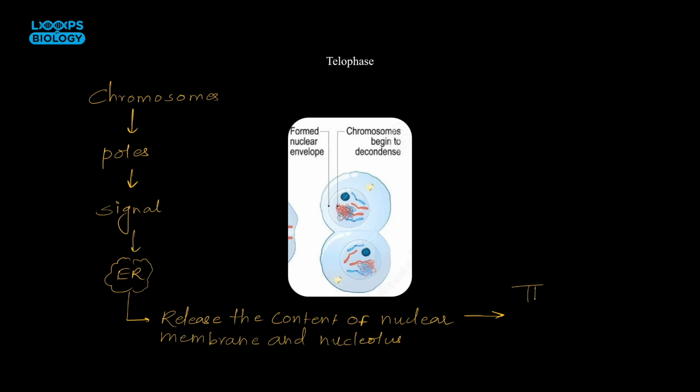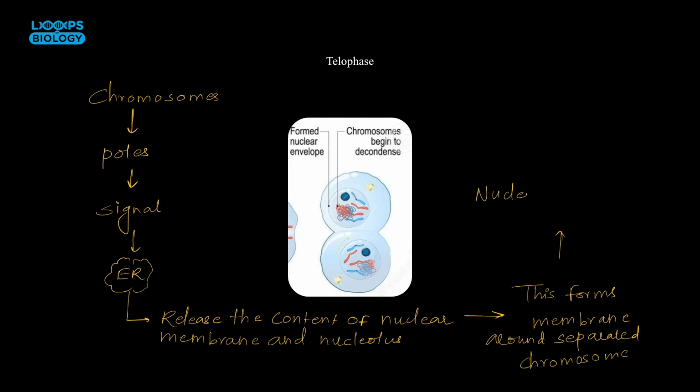So this forms a membrane around the separated chromosomes. As you can see in the dotted line, this is nothing but your nuclear membrane, and finally your nucleus is separated.